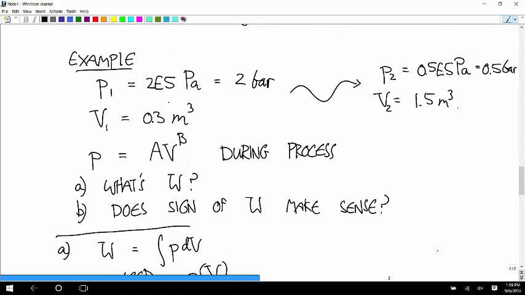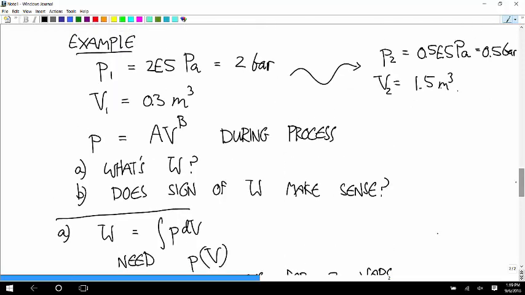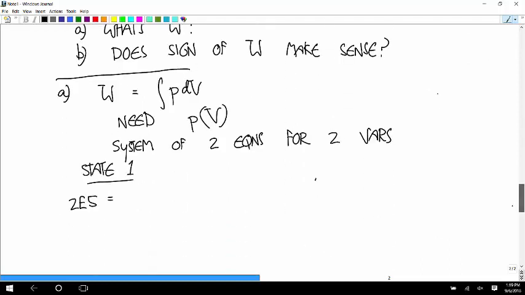We have 2 times 10 to the 5th is equal to A times 0.3 to the B. Everyone see where I'm getting that?